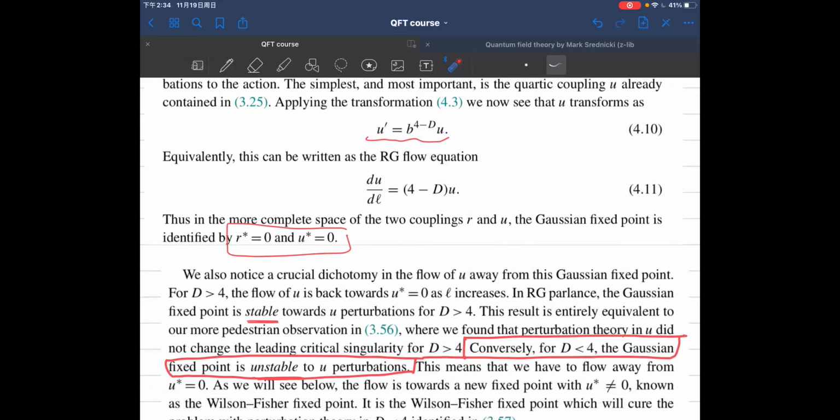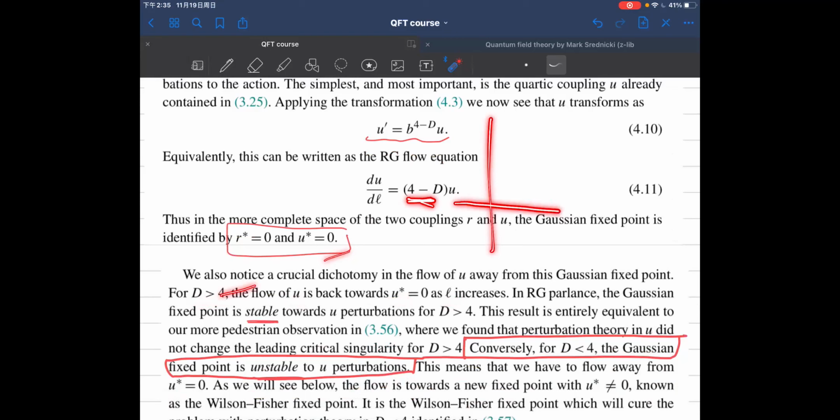But there's some key point. That is, for d larger than 4, the flow of U will flow back towards U star as L increases. That's because this is minus.